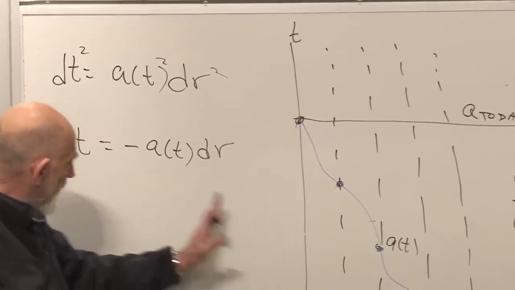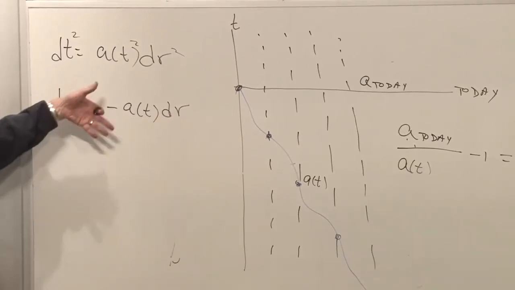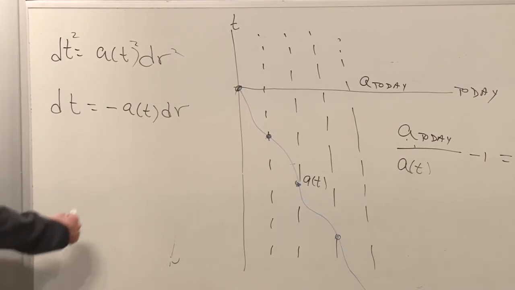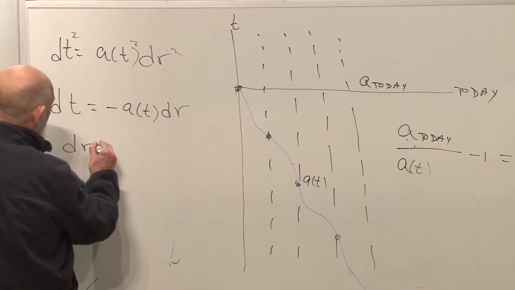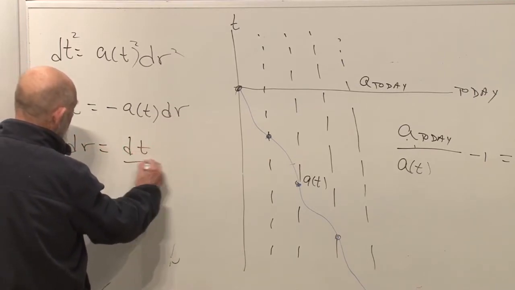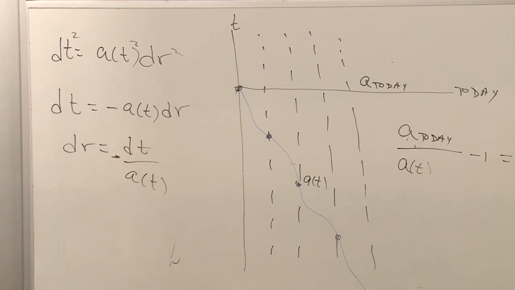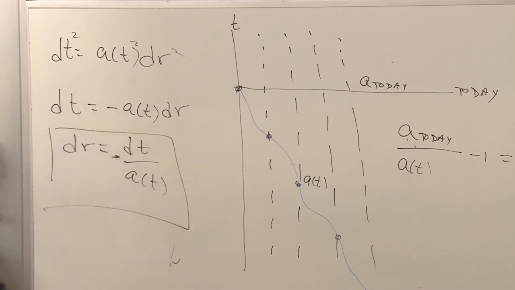So there's this funny minus sign there. Or dr is equal to dt over A of t with a minus sign. All right, so this is one equation, and that tells us how light moves along here.